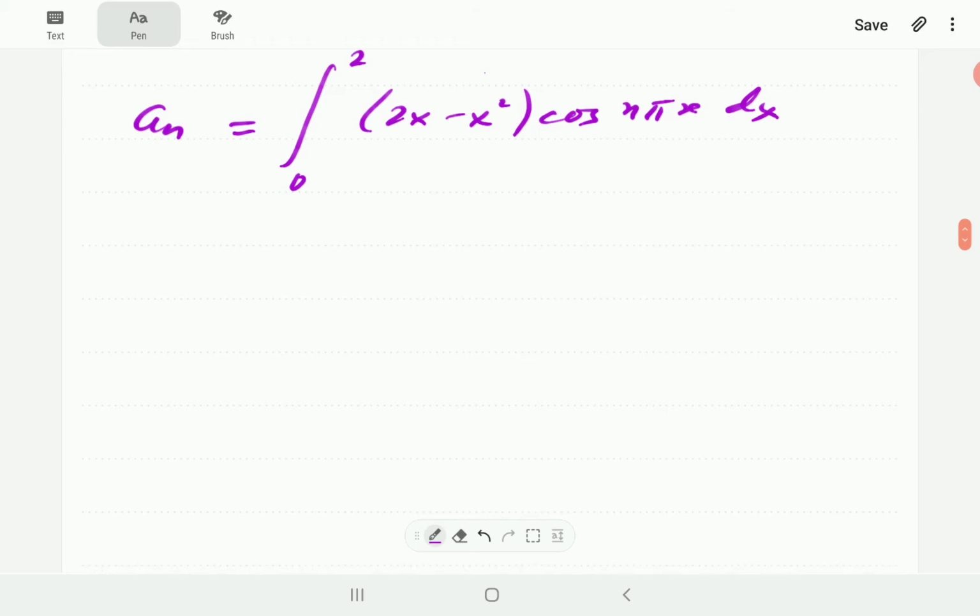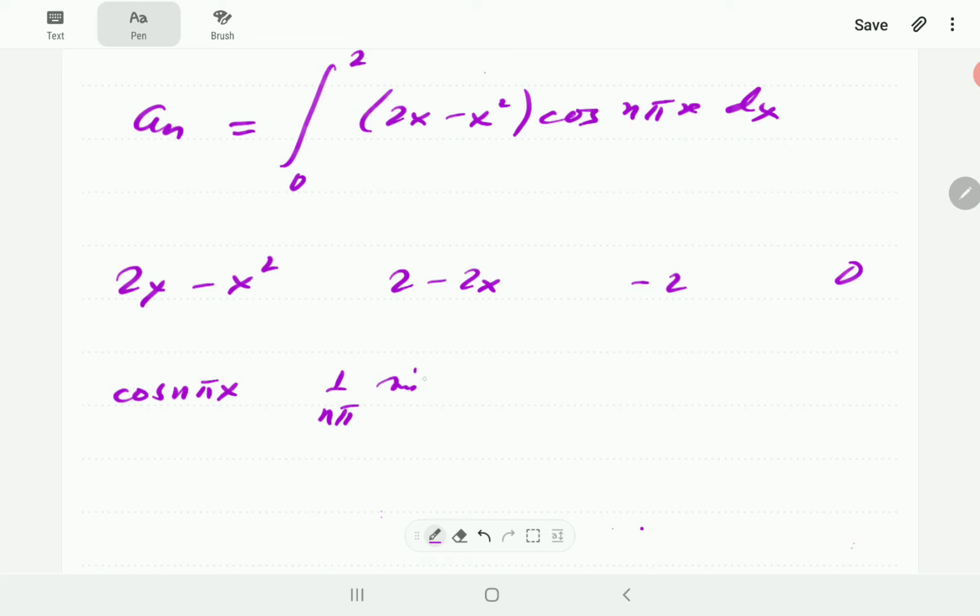Then again, we've got a polynomial times a trigonometric function, cosine, so we're going to use the integration by tabular technique. So that's going to be 2 minus 2x. We differentiate these ones, minus 2 there. The last one is going to be 0. So we've got cosine n pi x here. Next one is going to be 1 over n pi sine n pi x.